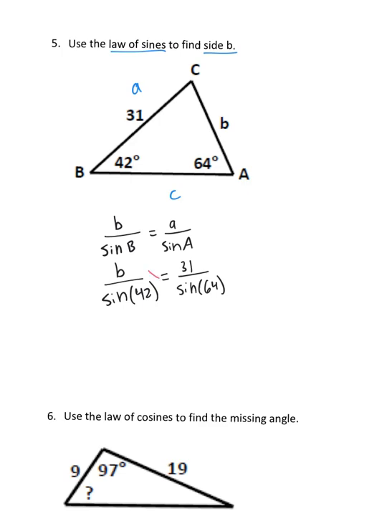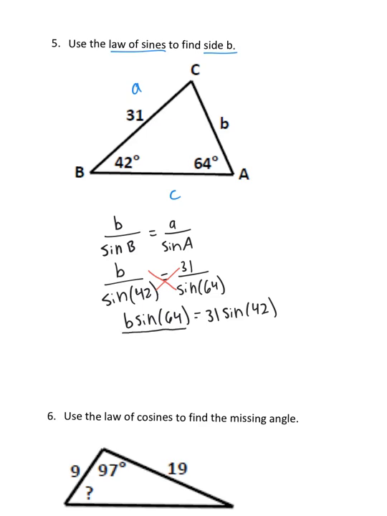So you're going to cross multiply these together. So I've got B times the sine of 64 equals 31 times the sine of 42. My goal is to get B by itself. So I need to undo the multiplication of B times the sine of 64.